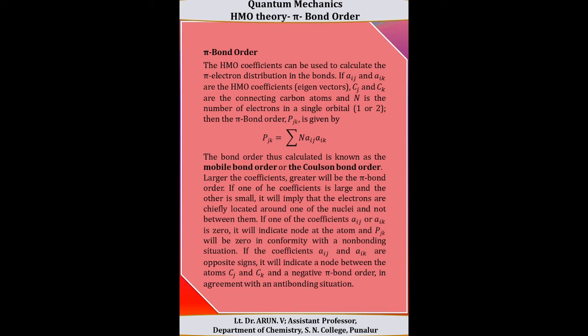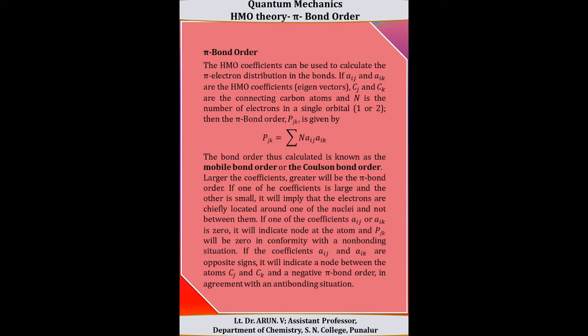The larger the coefficients, the greater will be the pi bond order. If one of the coefficients is large and the other is small, it implies that the electrons are chiefly located around one of the nuclei and not between them.